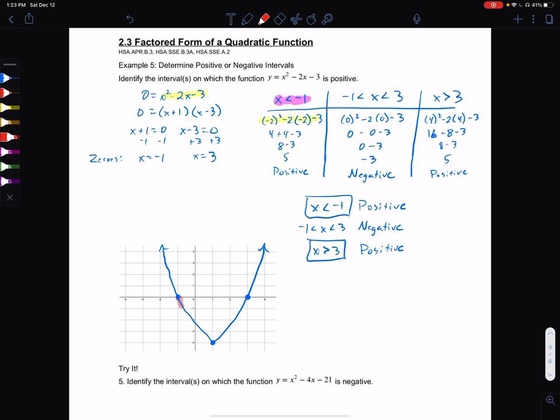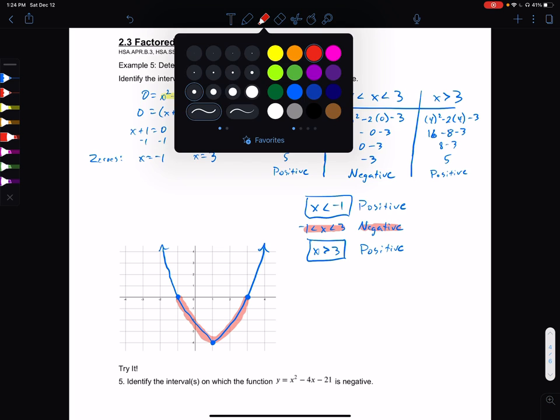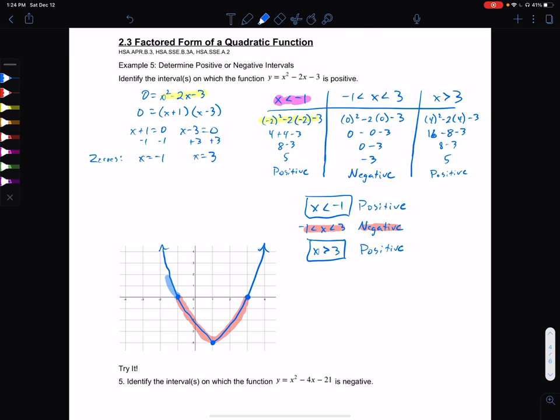This piece down here from negative 1 to 3 is below the x axis, so that means that it is negative, which makes sense. We knew that was negative. And the two outside intervals are positive. So my graph matches up with my work.